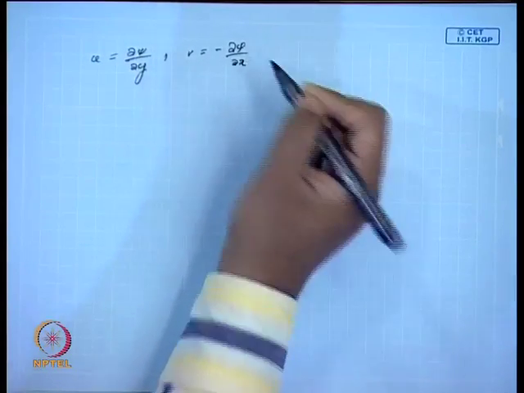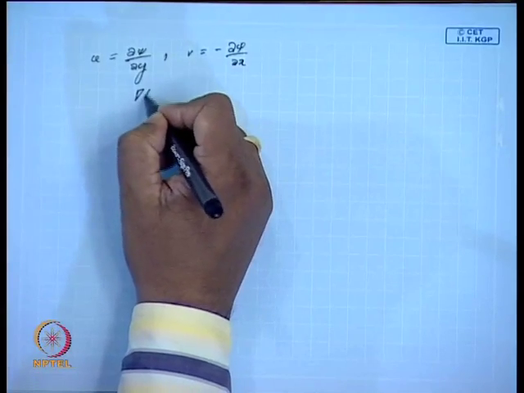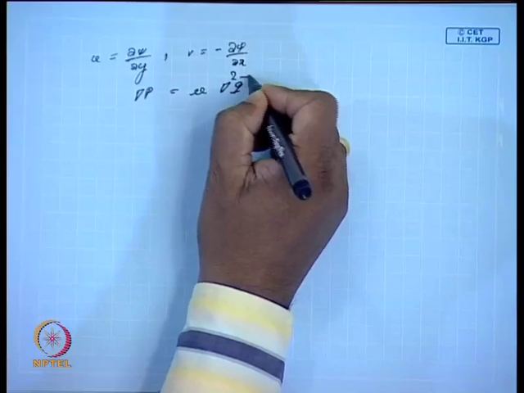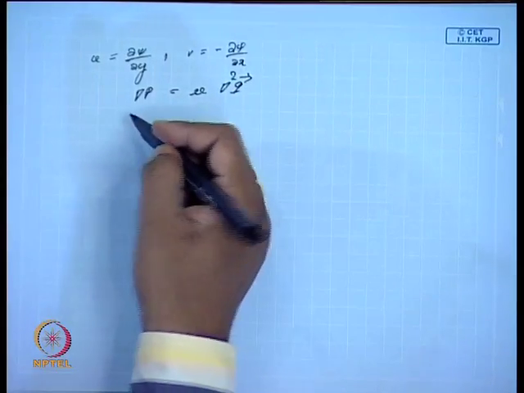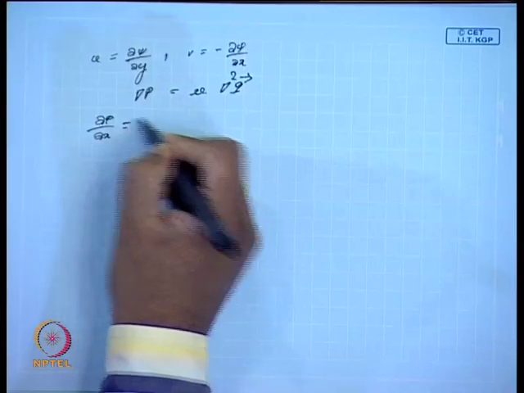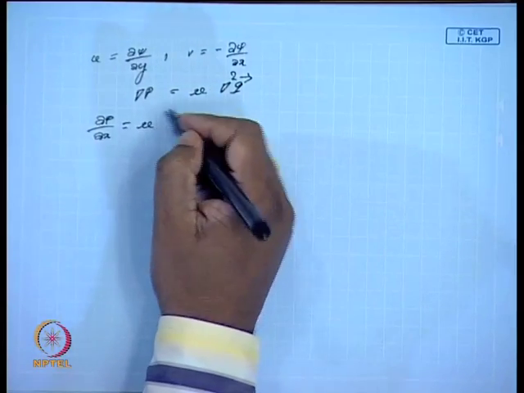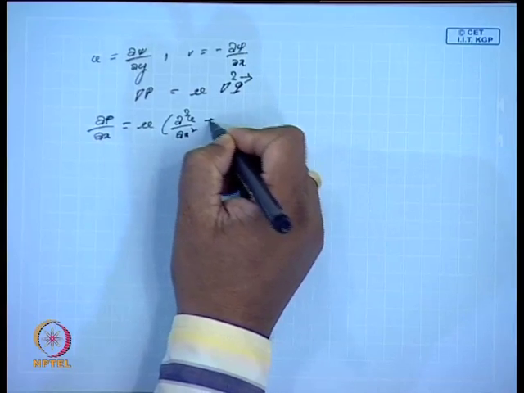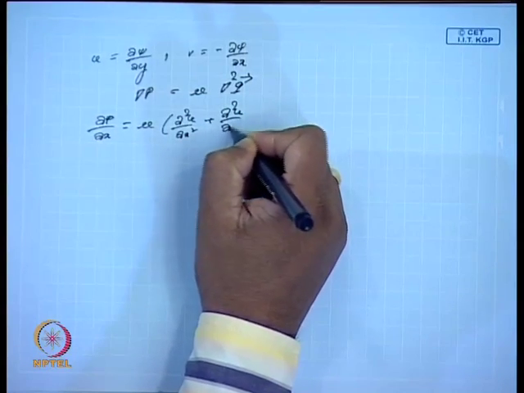Then, from grad p equal to mu into del square q bar, this gives me del p by del x equal to mu times del square u by del x square plus del square u by del y square.